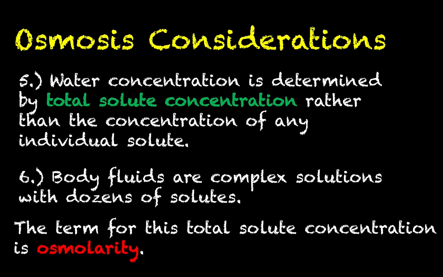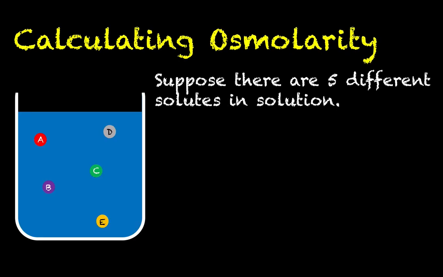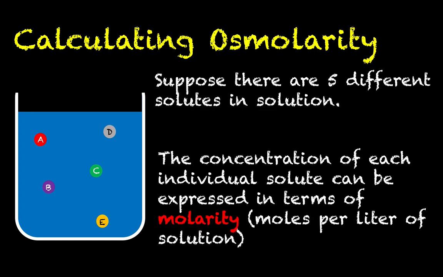So the term that we're going to introduce here that refers to the total solute concentration in a fluid is called osmolarity. So to illustrate how to calculate the osmolarity of a bodily fluid, let's look at this solution here. This container contains 5 different types of solutes in a water-based solution.